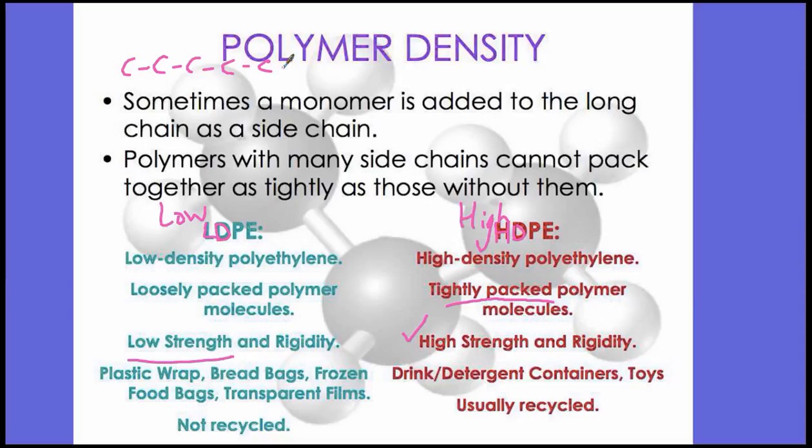Thinking back to the things that we drew, what do we have hanging off? Hydrogens or even bigger? A methyl group. What if this one had an ethyl group? What if this one had something else, right? As you have more and more branches, the bigger the molecule is, the crazier it looks, the harder it's going to be to pack together. So the more branches it has would typically be low density.